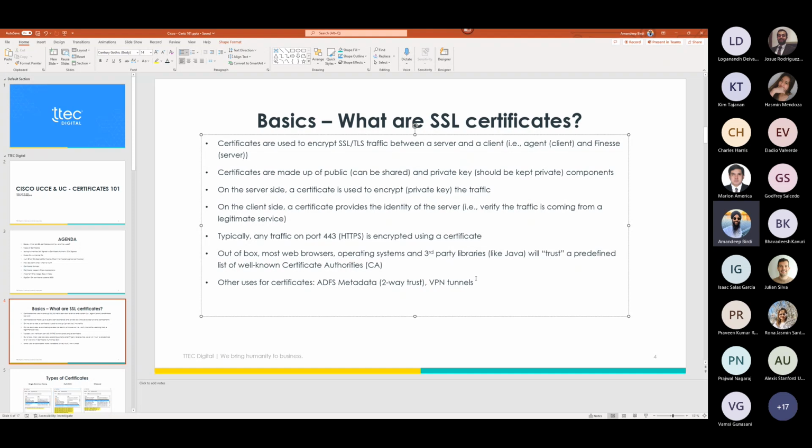You're not hitting an unknown site. You should always be aware, and that's why T-Tech is always sending those training sessions, like the phishing scams. Certs are one way to make sure that you're not going to the wrong website or to the wrong server. So that's the basics of SSL certs.